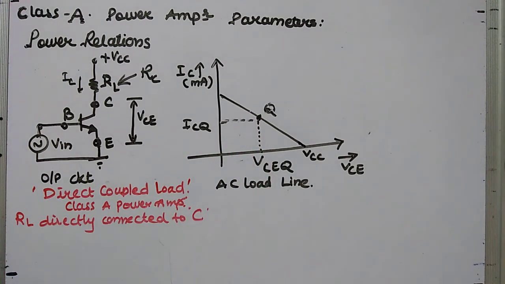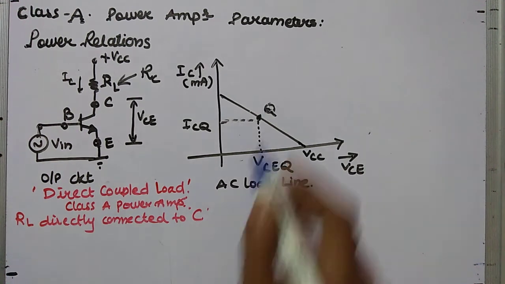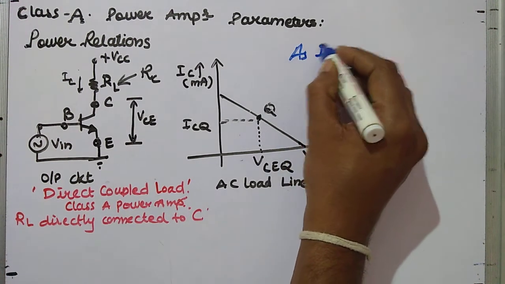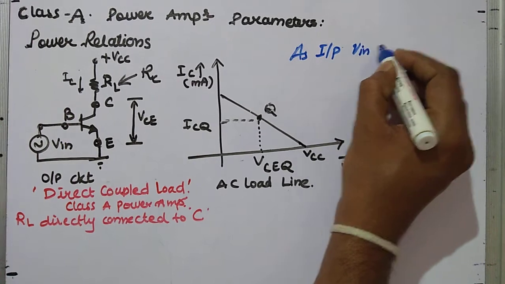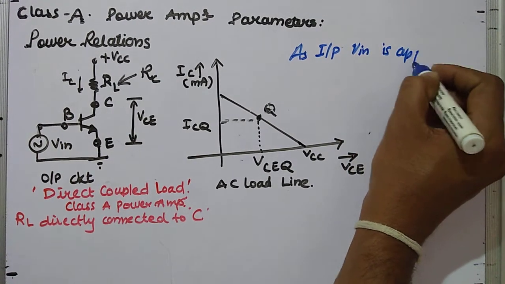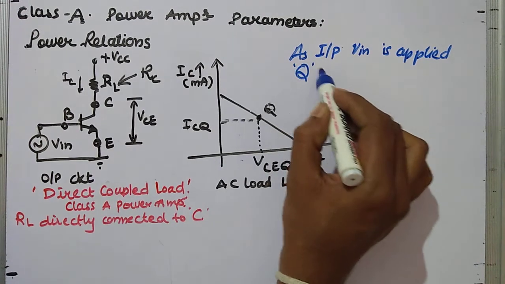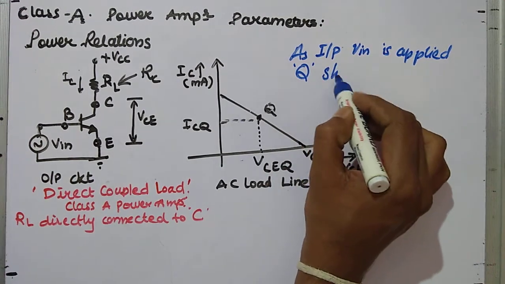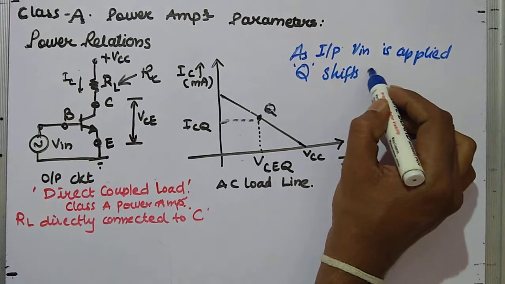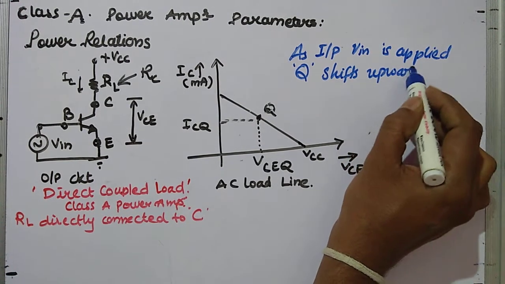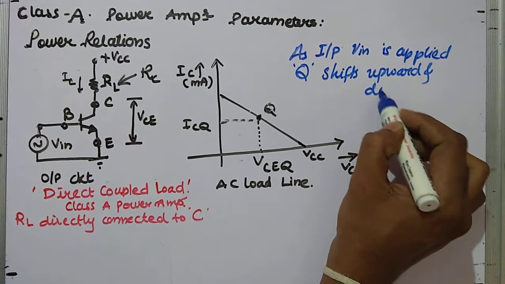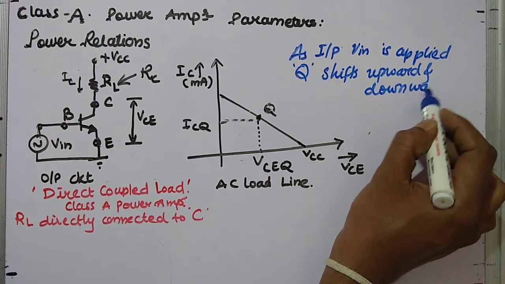So we will elaborate it. As input Vin is applied, Q, that is the operating point, shifts upwards and downwards.